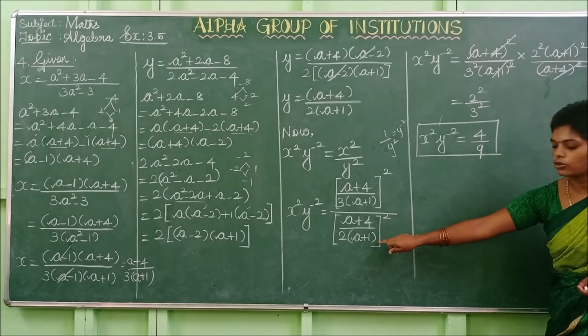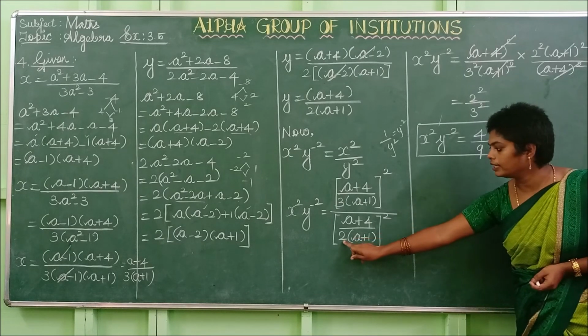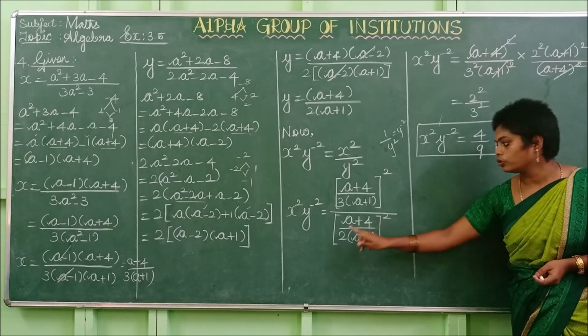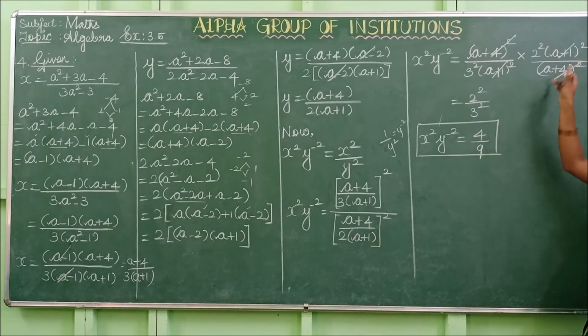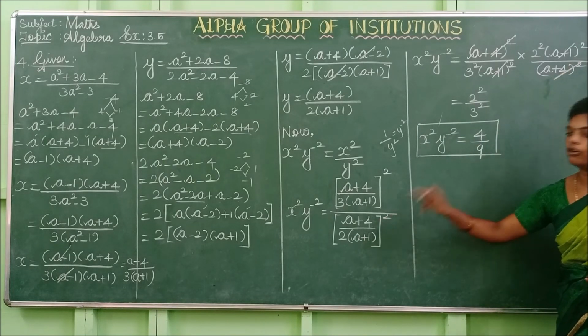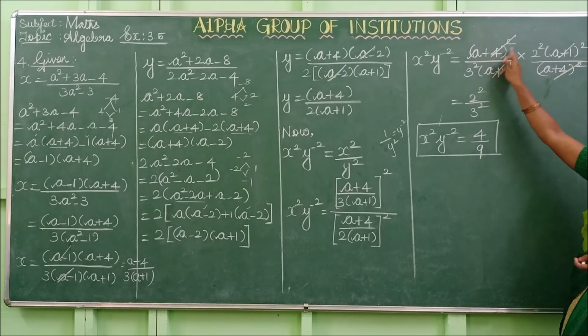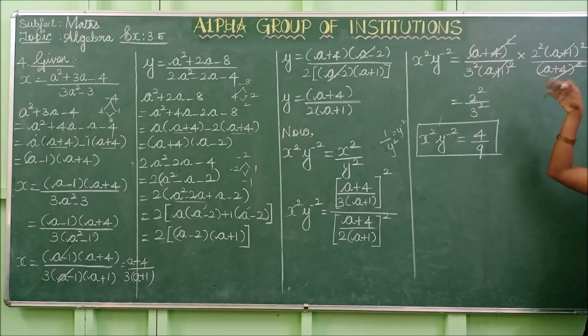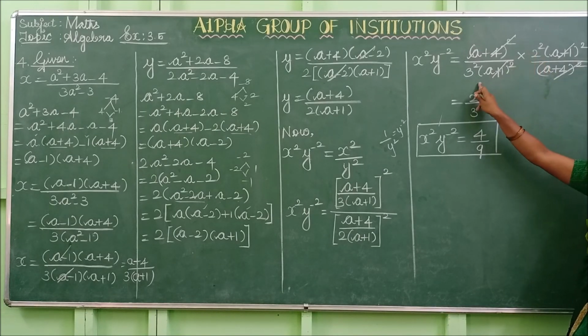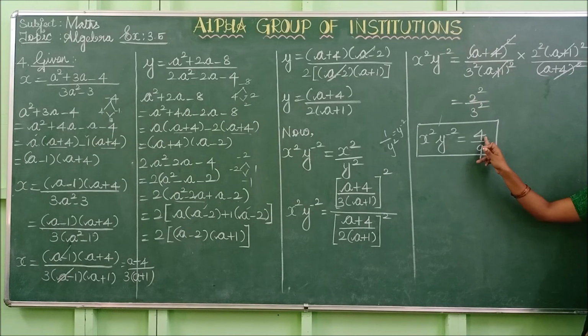I have to apply that square value also. Here the denominator is 2a plus 1, so 2 squared into a plus 1 whole square divided by a plus 4 whole square. Here a plus 4 whole square gets cancelled. Here a plus 1 whole square and here also a plus 1 whole square, both get cancelled. The remaining terms are 2 squared by 3 squared. 2 squared is nothing but 4, 3 squared is 9.